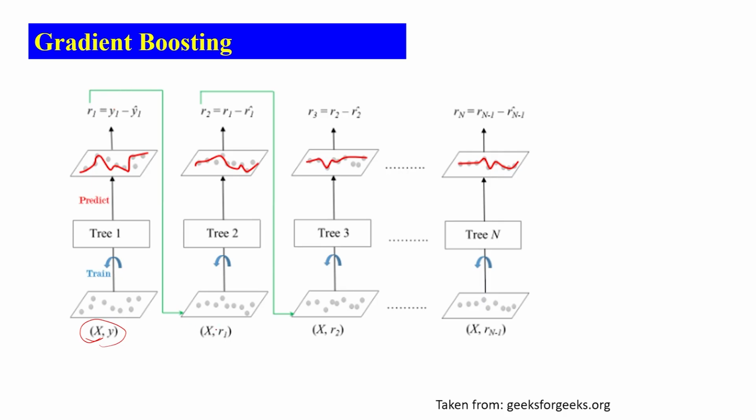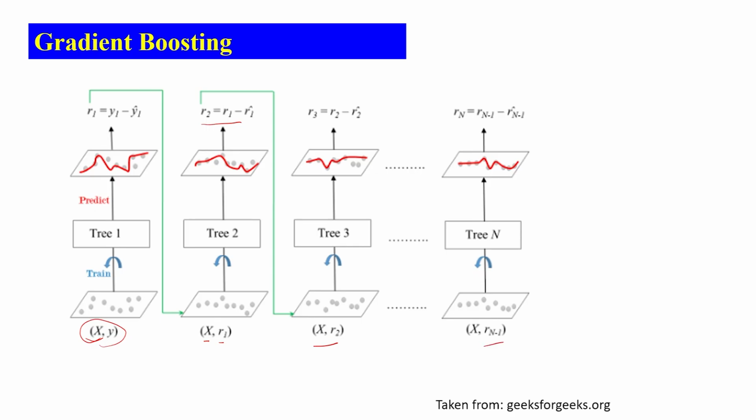For the next tree, we use X and R1 as the data, train the tree, and calculate the error R2. Again, this R2 is fed into the next tree, and it goes on. So, these errors or residuals are used as labels for each of these iterations to minimize the error, and we do it for n steps.